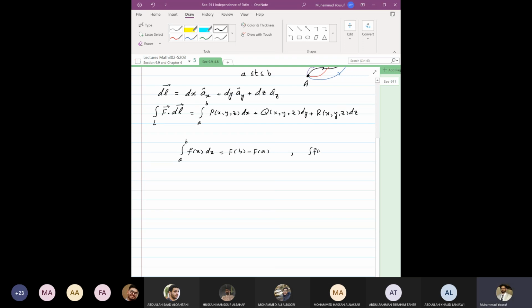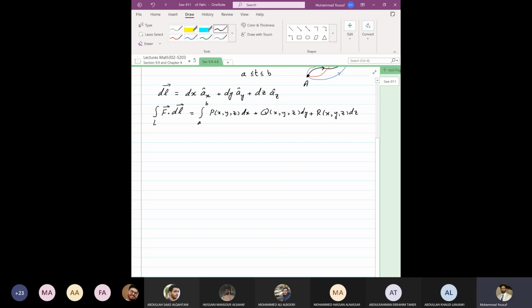So the antiderivative of small f of x dx is capital F of x, or the derivative of capital F of x should be small f of x. So this integral depends only on the endpoints a and b. We are going to explore the same concept here: the condition under which we have this independence of path.